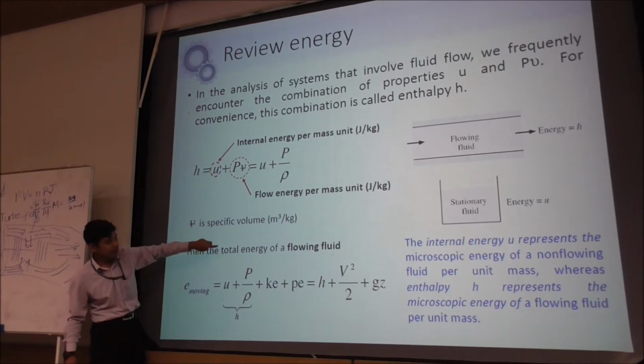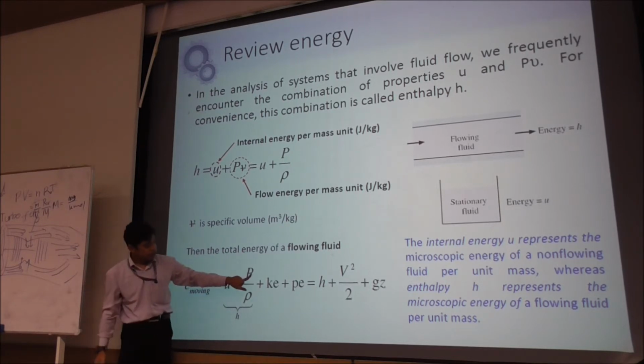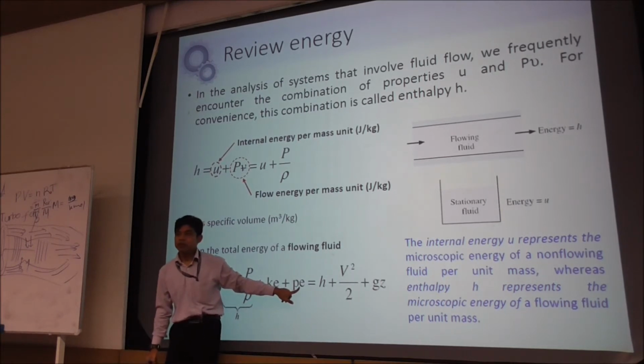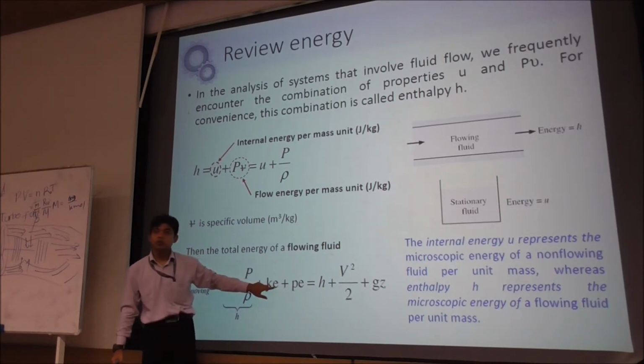Okay. Now, if you have moving fluid, you will have u, which is the internal energy. You have the flow work. You have the kinetic energy. And you have the potential energy. Right? So unfortunately, you have these two also.